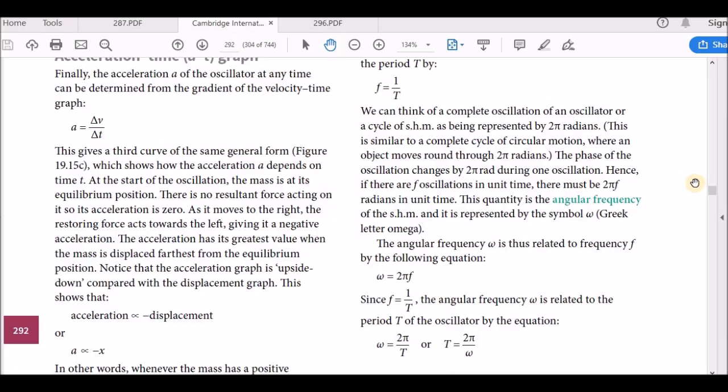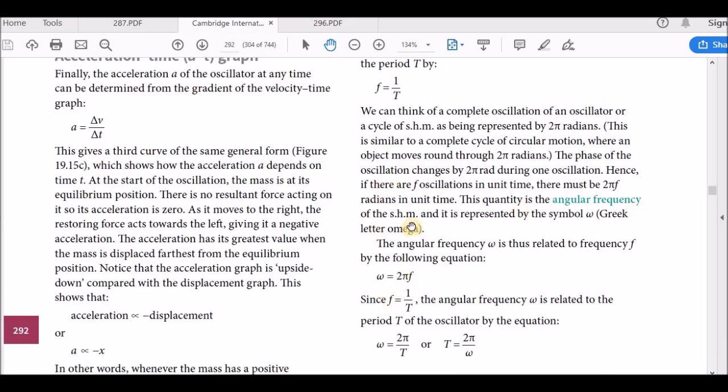The phase of the oscillation changes by 2 pi radians during one oscillation, so one complete cycle is 2 pi radians. Hence, if there are f oscillations in unit time, there must be 2 pi times f radians in unit time. This quantity is the angular frequency. So this is omega equals 2 pi f.